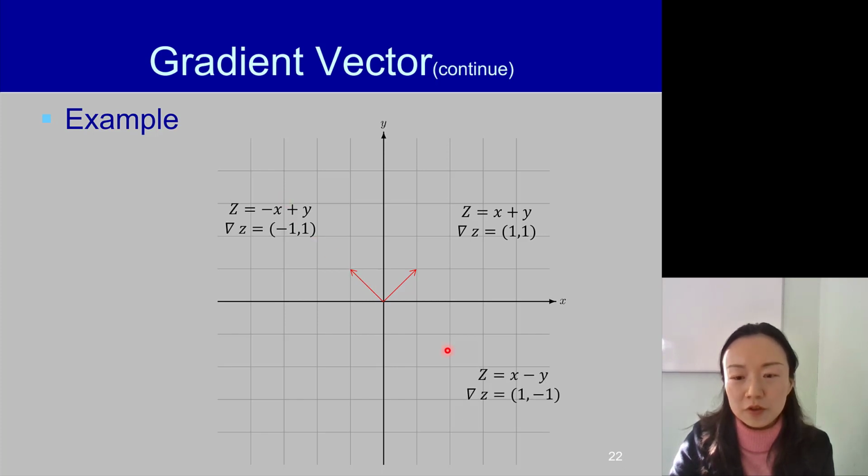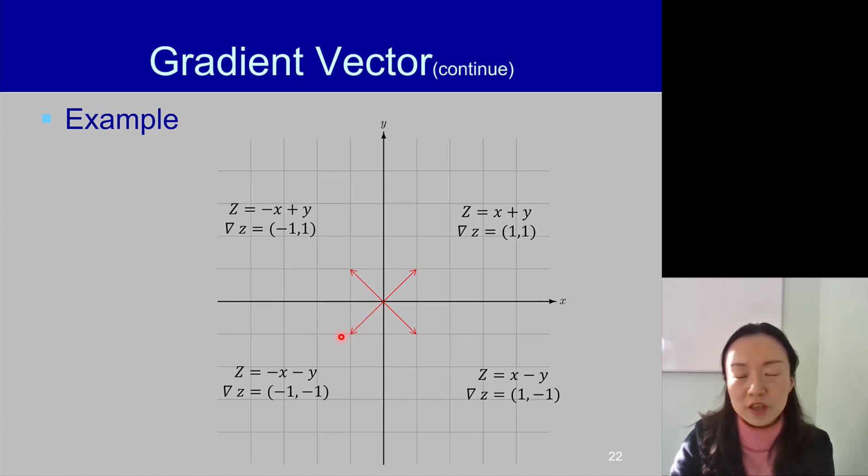And if the coefficients of your decision variables are positive, negative, then you would go to this quadrant, and the direction of moving would be this way, the gradient vector. Lastly, if both decision variables' coefficients are negative, then you would come to this last quadrant, and the gradient vector direction would be going in this direction.